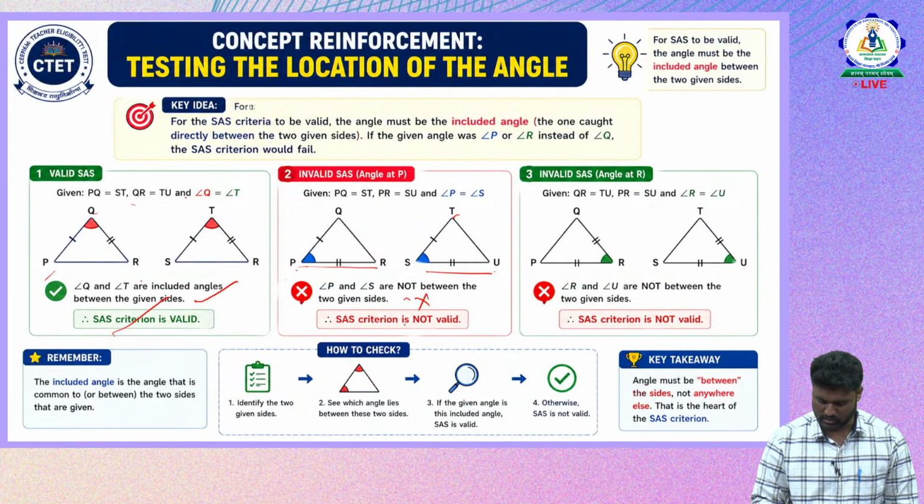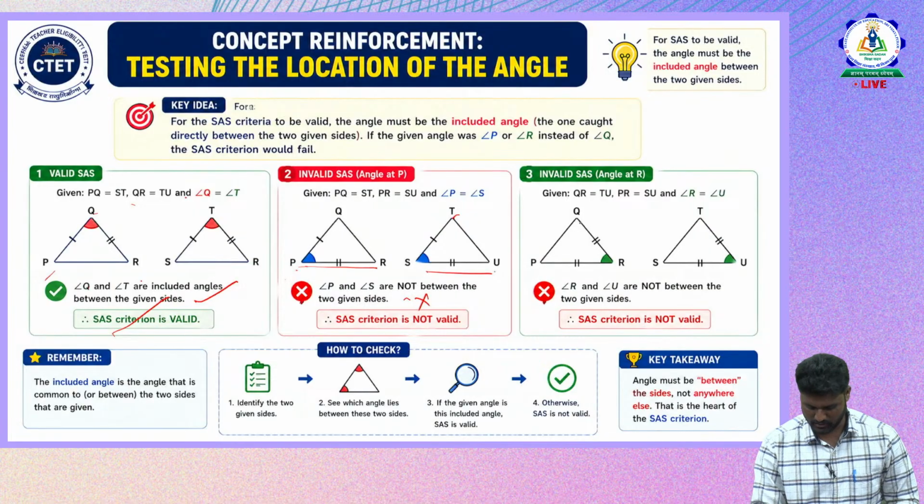Another thing is that given triangle QPR and triangle TSU, where QR equals TU, PR equals SU, and angle R is equal to angle U. But if you see, angle R and angle U are not between the two given sides.